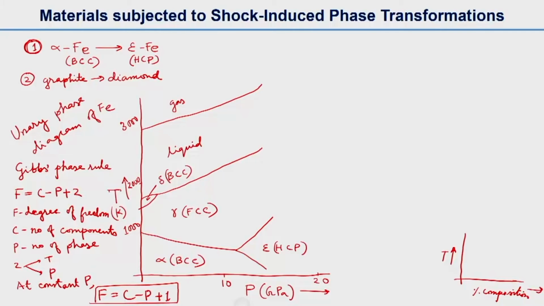You should understand the difference between components and phases. In this diagram we call it a unary phase diagram because it has only one component. The component is iron.